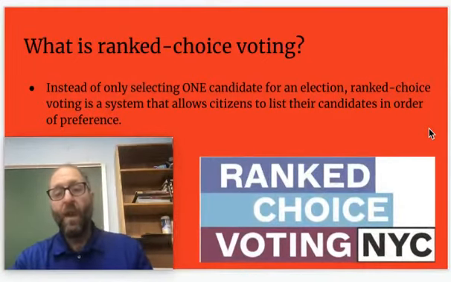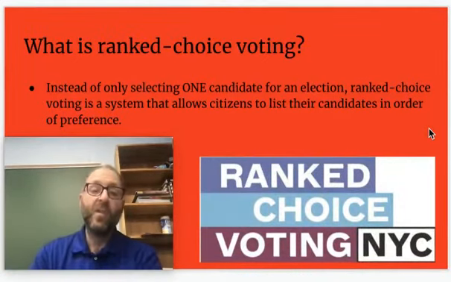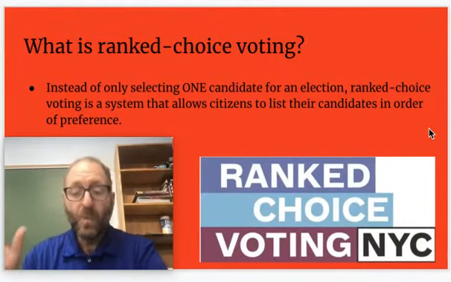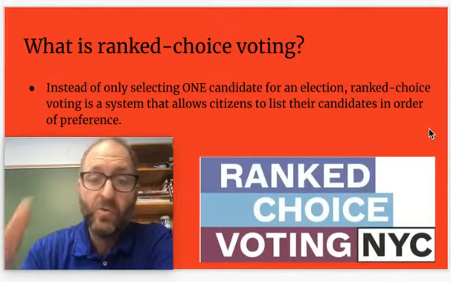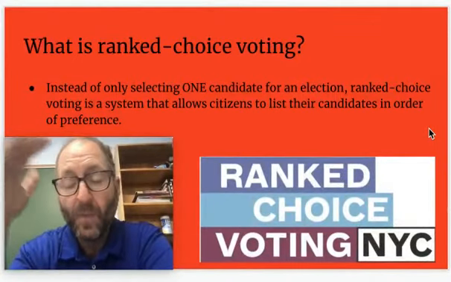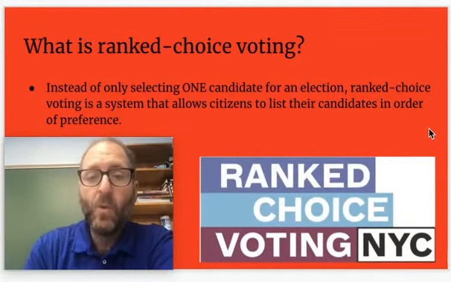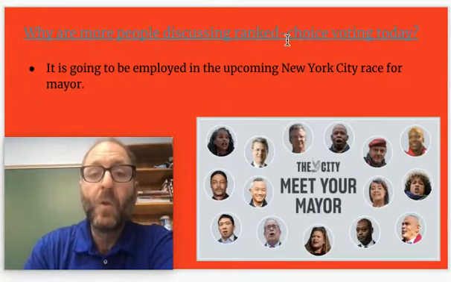Now, ranked choice voting, this is the first time it's being used in New York City, but it is a system that has been used in many places all over the world, and even within the United States, ranked choice voting has been present.